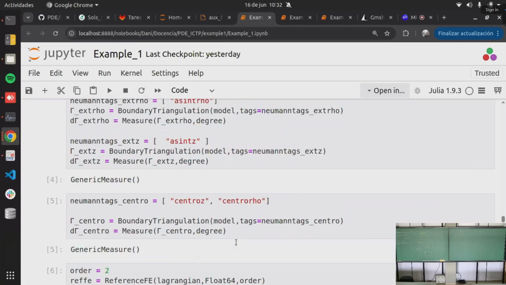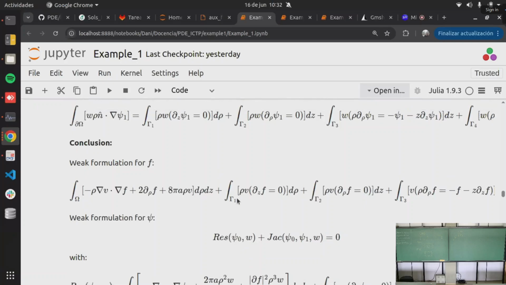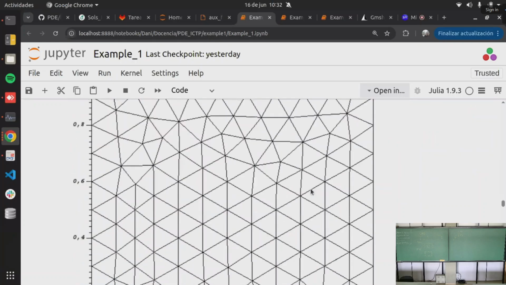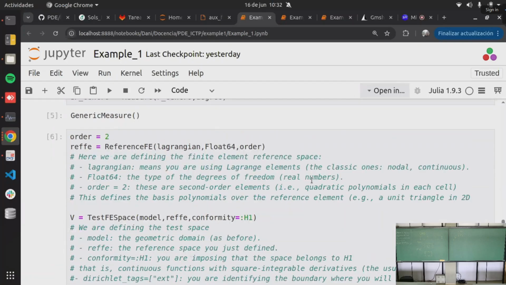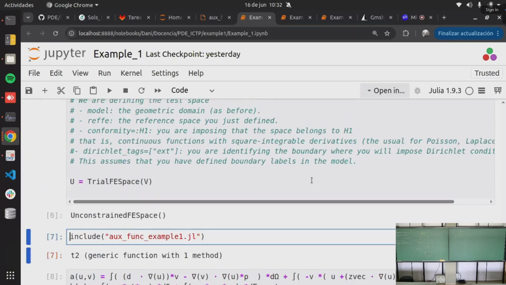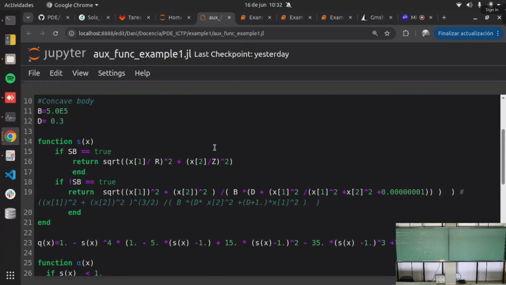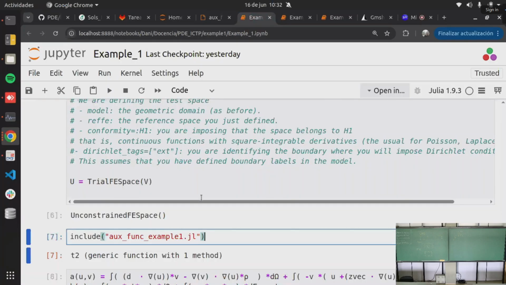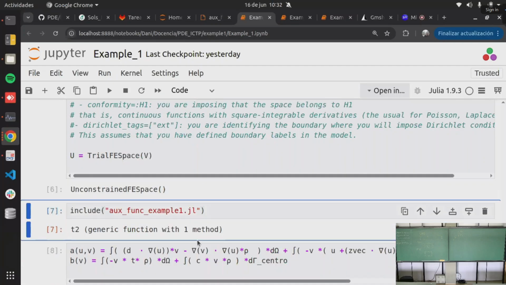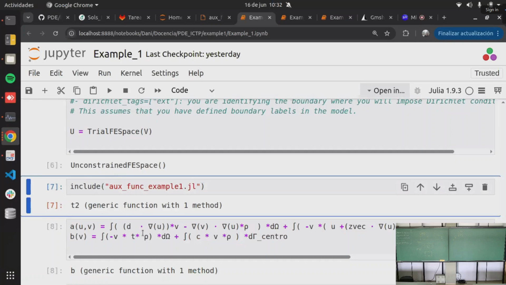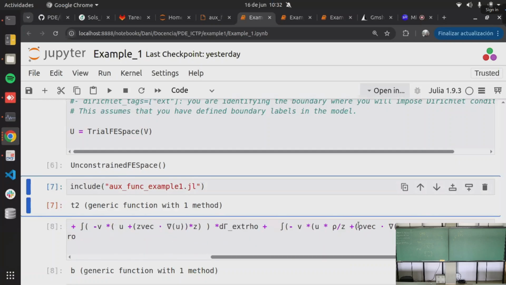I remember that our weak formulation has functions of the coordinates. So I reduce the functions that I need in this script. I will share you the complete file. So I have to include the script that has all the information of the function that I need here.